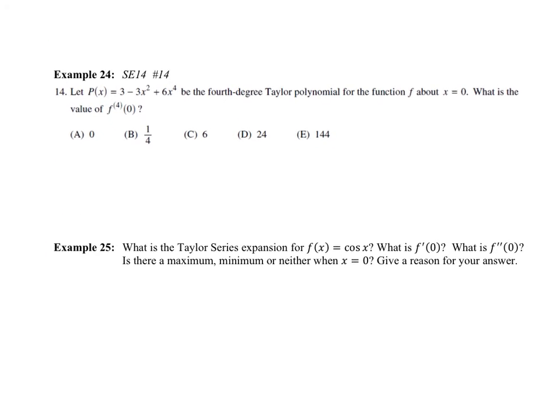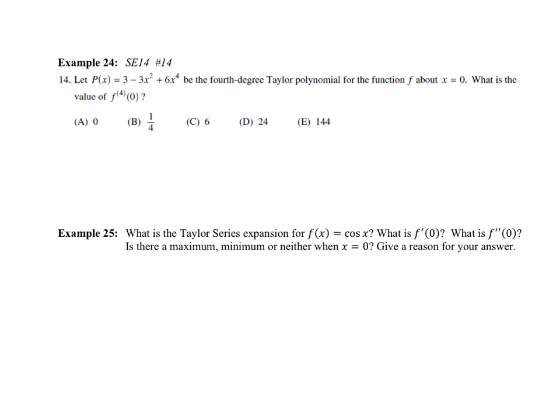Okay, let's move on to 24. It says, let p of x be the fourth degree Taylor polynomial for f about 0. What is the value of the fourth derivative at 0? And again, we've done a couple of these already, so it's a little bit of a repeat. Here's our general term, and in this particular case, we're looking for the fourth degree.